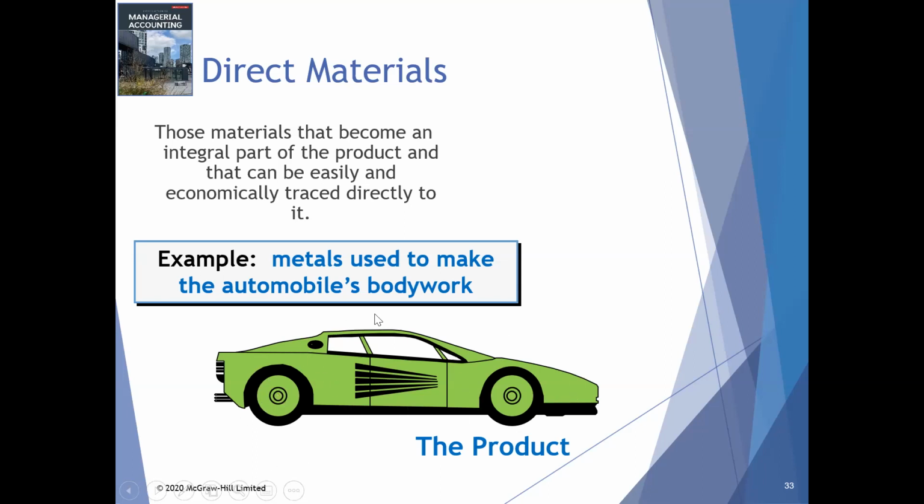There were 1, 2, 3, 4 rims, then tires, steering, axle and engine, right? Some other parts were also used directly. So as a manufacturer we can very easily trace those direct costs. That is known as direct material.